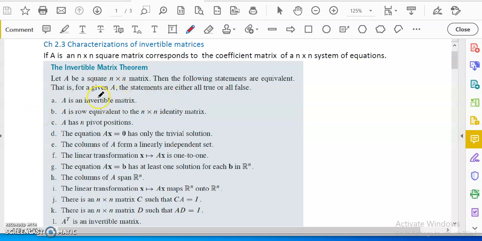First, what are the details of this invertible matrix theorem? We have statements A to L, and all these statements are true together.